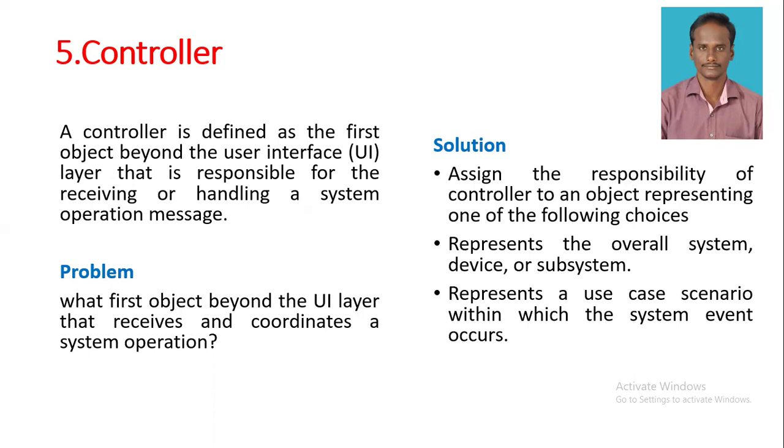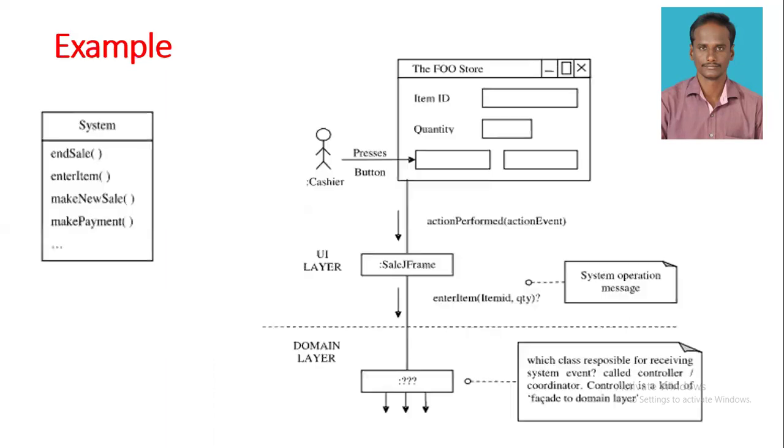It represents the overall system, device, or subsystem, or it represents a use case scenario within which the system event occurs. For example, if you have a system with methods called end sale, enter item, make new sale, and make payment, the cashier presses the button and enters the item ID and quantity. For example, 102 is an item ID.